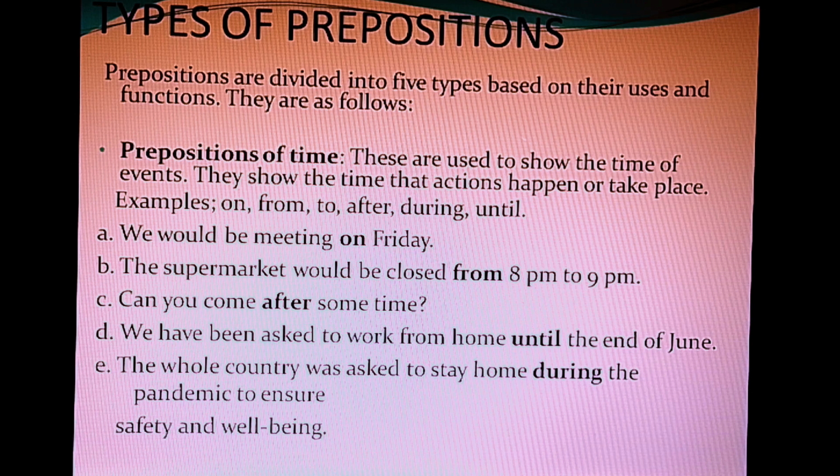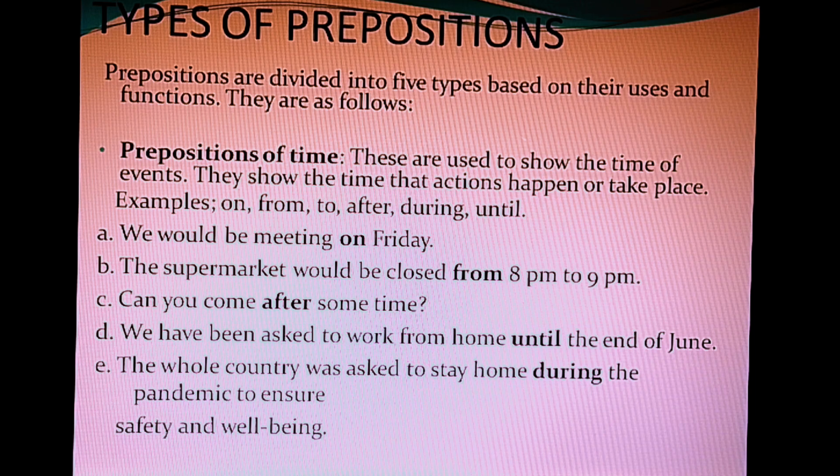The third sentence example here, still under prepositions of time, is can you come after some time? This is a question, still a statement. The word after, A-F-T-E-R, is the preposition of time here. The fourth sentence here says, we have been asked to work from home until the end of June. The word until is a preposition, even though it's also a conjunction.